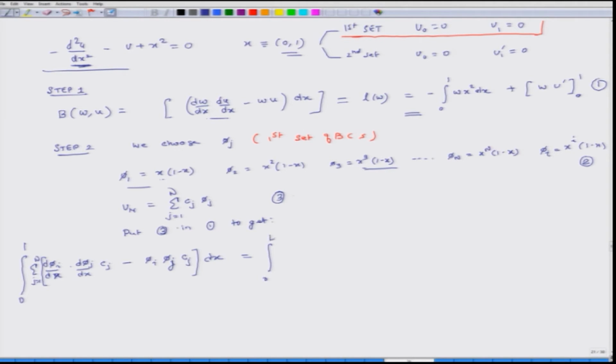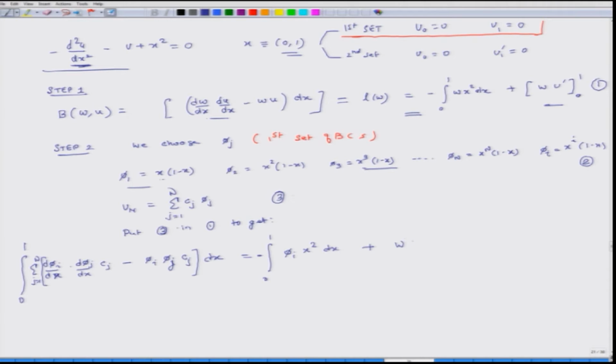0 to 1, minus phi_i x squared dx, plus, oh sorry, 0 to 1, and plus I get this boundary term, and let us look at this boundary term.